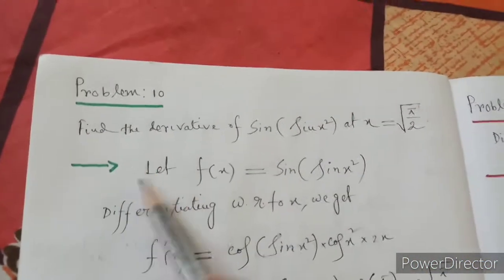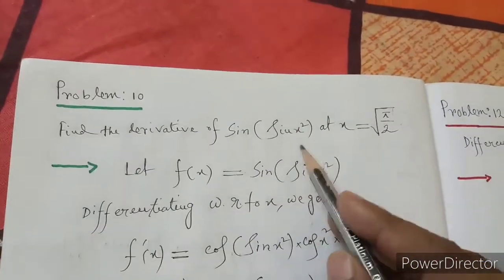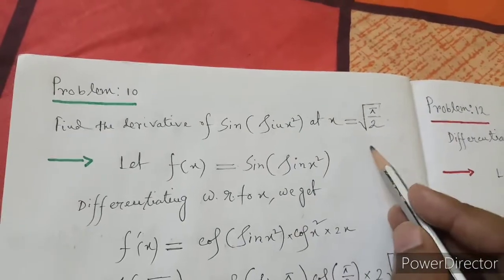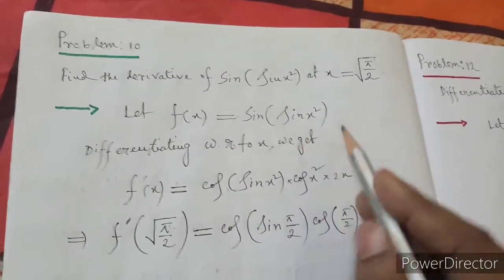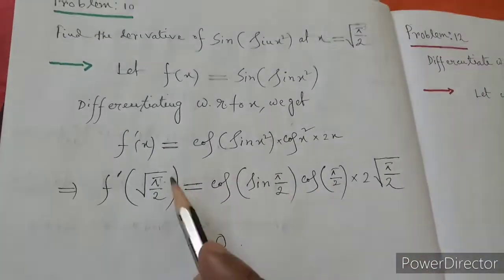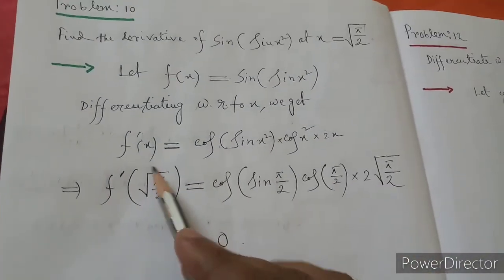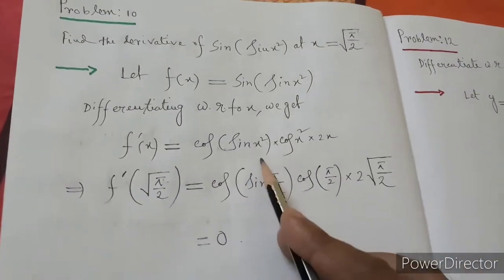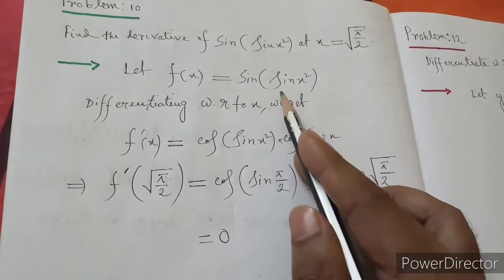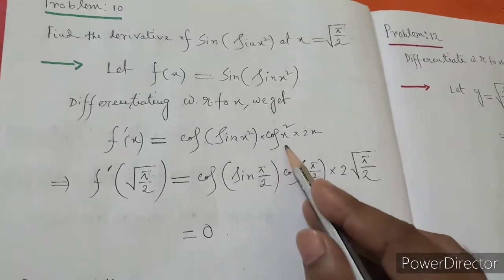So now problem number 10. Find the derivative of sin x square at the point root under pi by 2. Let f(x) equal to sin x square. Differentiating with respect to x, we get f dash x equal to derivative of sin, that is cos of x square.